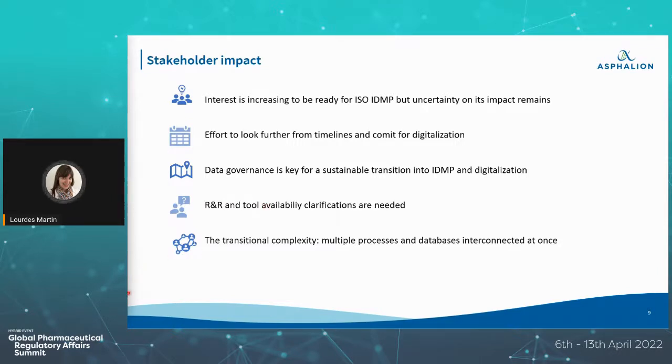And lastly, what I commented already before, this transitional complexity of having multiple processes and systems that are interconnected. So it seems that the impact could be tied to the size of the company portfolio as well as to its maturity. So we can see a little bit more what ISO IDMP means for the different types of portfolio companies.